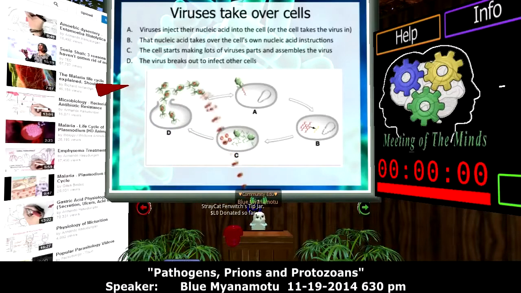Viruses infect by standing on a cell. Pretend this is your cell, very big, right? The virus is very small. It's like a hypodermic needle. The protein stands on the outside and it injects its DNA or RNA into the cell.